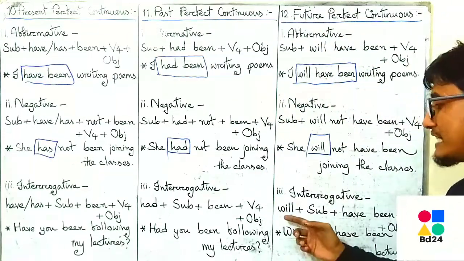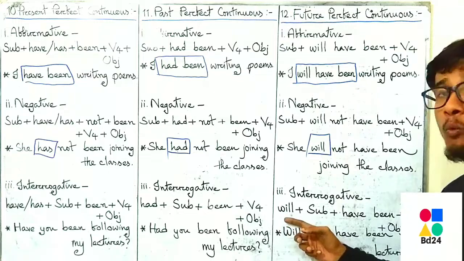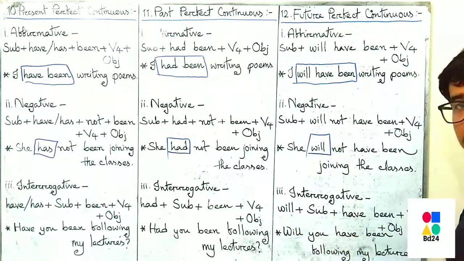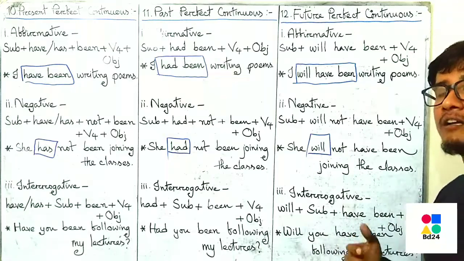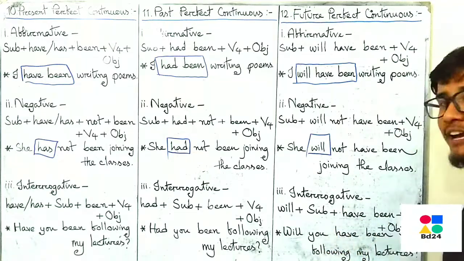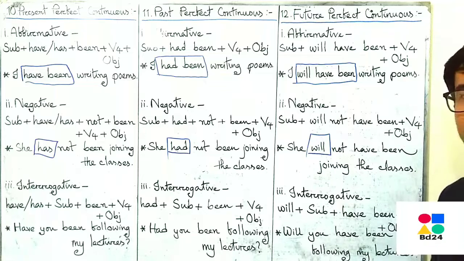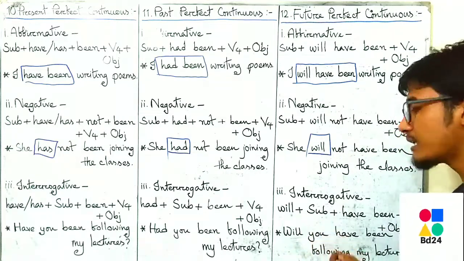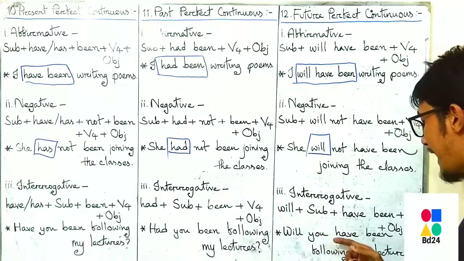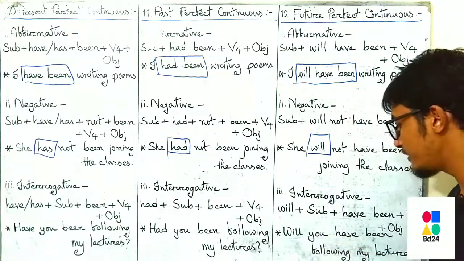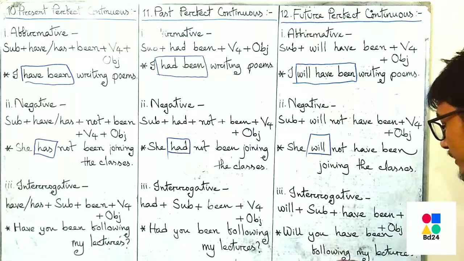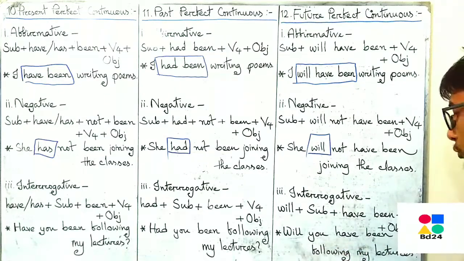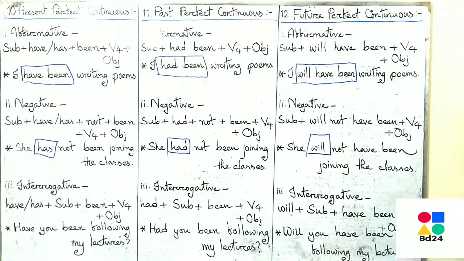The structure is at first auxiliary verb will, immediately a subject, then have been plus a V4, which is the present participle form of a verb, and finally an object. So let me show you the example. Will, the first auxiliary verb, then subject, you. Will you have been? Then verb plus ing, following, then object, my lectures. So the example is, will you have been following my lectures?